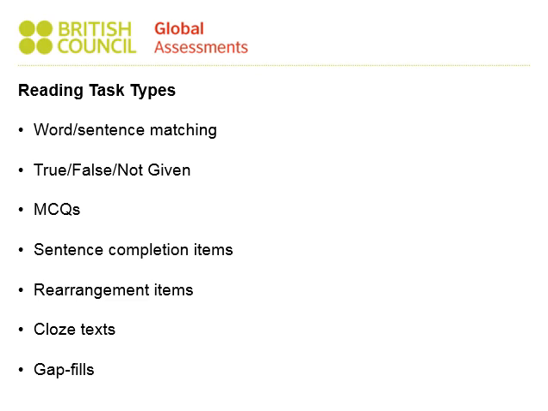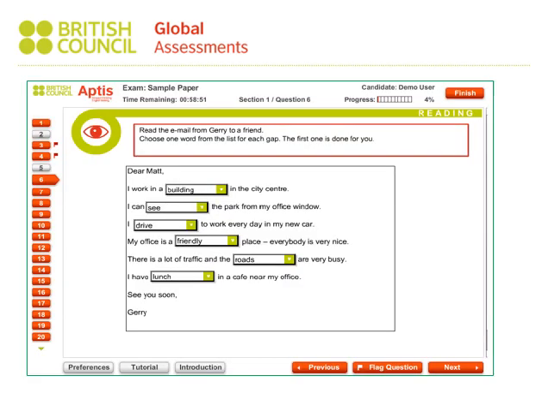Aptis is designed as a discrete skill test where skills are tested in isolation as far as possible, and putting writing skills into the equation could get us into potentially murky waters in that regard.